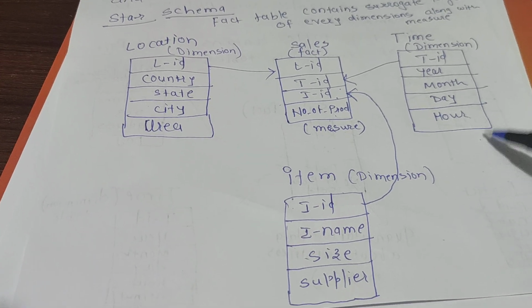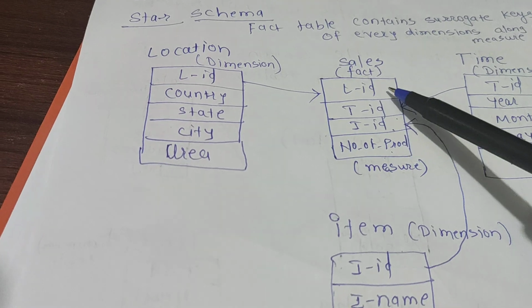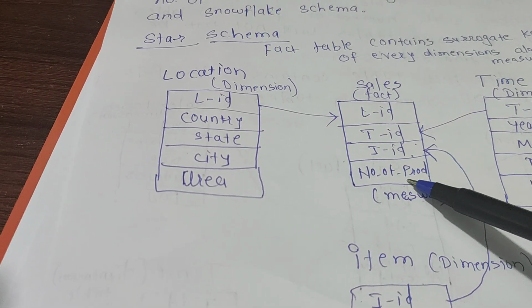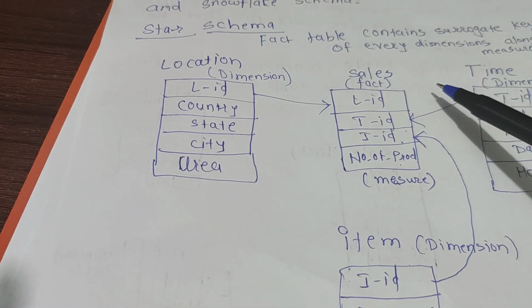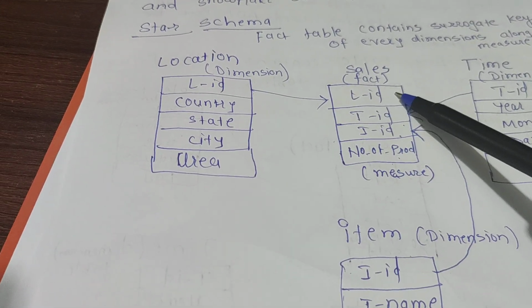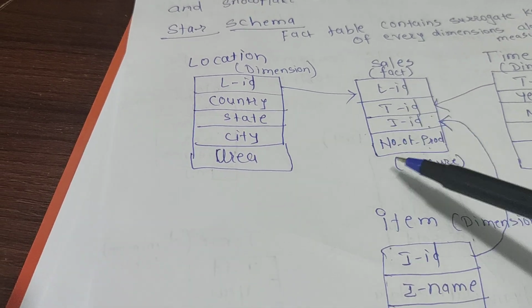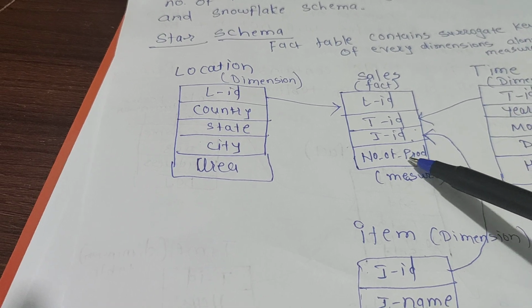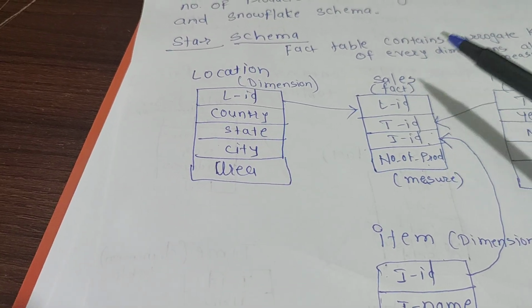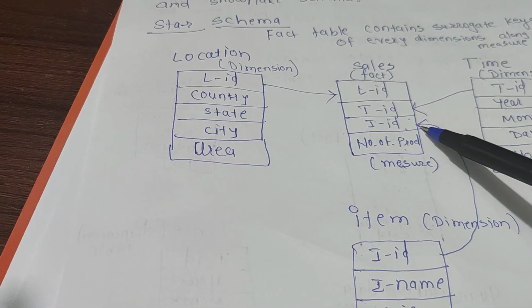tables are wider. As compared to the dimension table, this fact table will have only surrogate keys and one or two measures. So compared to the dimension table, the fact table will have fewer columns but more rows, because we have measurable facts included in the fact table, but very little detail is included in the sales table.